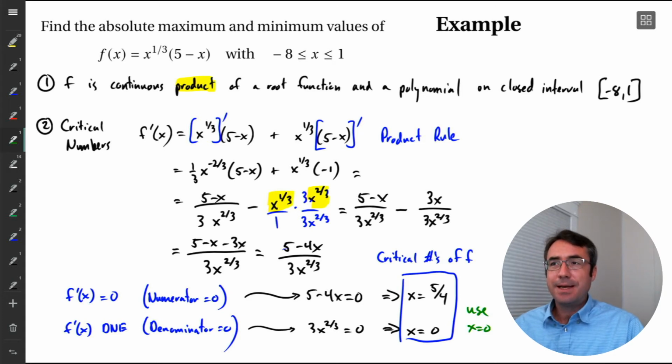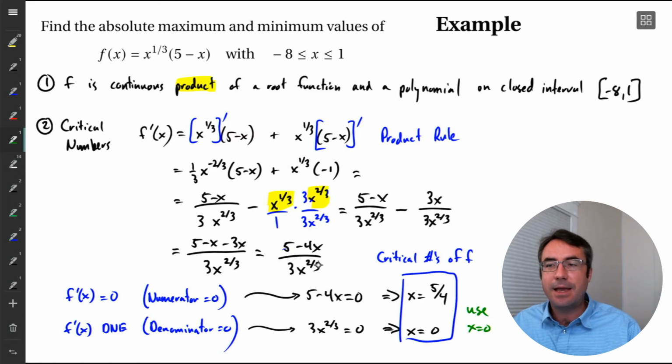All right, so far what we've done took a little bit of work to get here, but we first just identified that our function's continuous on a closed interval. Next step, we found the critical numbers. So this meant find the derivative. And a lot of our work here was first calculating the derivative and then simplifying it down. As soon as you start seeing negative exponents or fractions, normally our strategy is to try and consolidate it all into one single fraction.